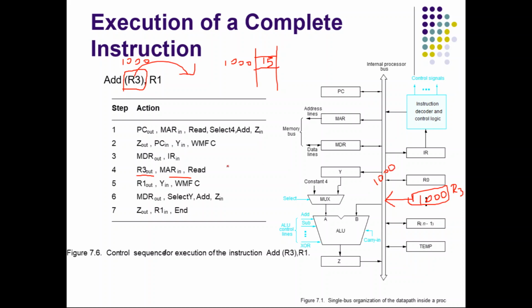Then we give MAR in, so that will go to the memory address register. Then read. Read may take time because it is not within the processor. It has to go to memory and come out. Whatever content is available at address 1000 will be loaded into MDR after some time.